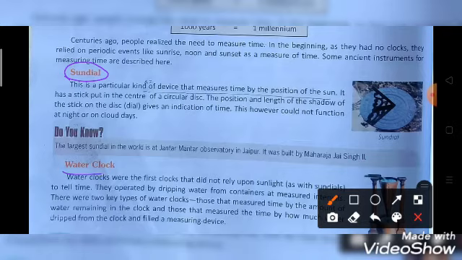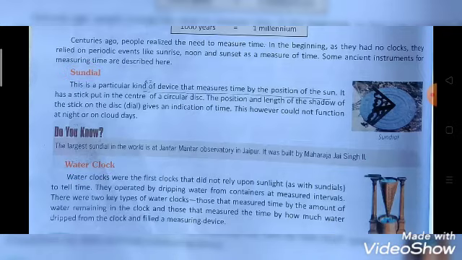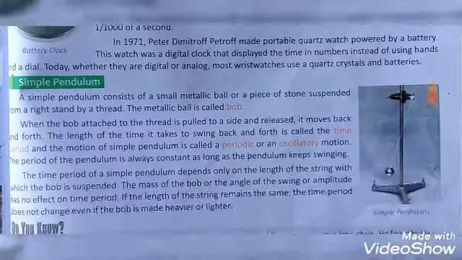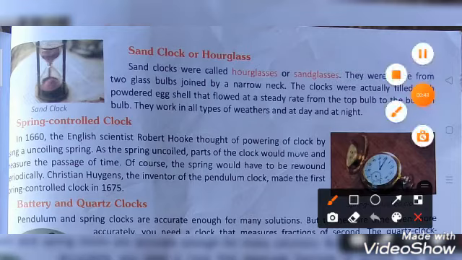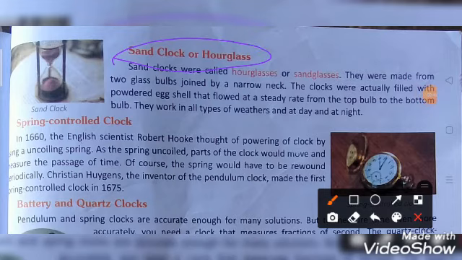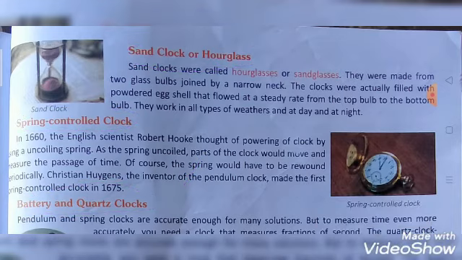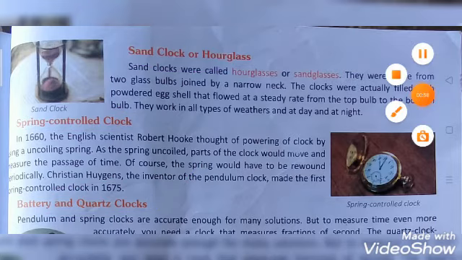The next is the water clock, which is also a device to measure time. And the sand clock or hourglass is also a device we use to measure time. And then the spring-controlled clock and the battery quartz clock. These are some of the devices we use to measure time.